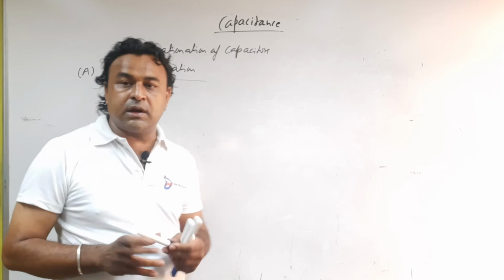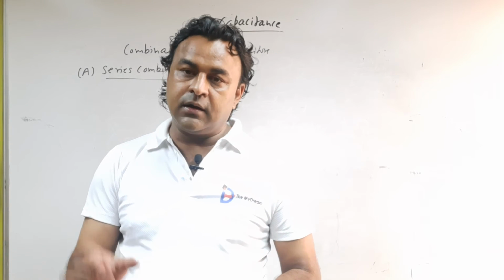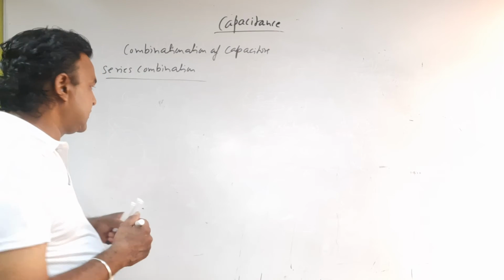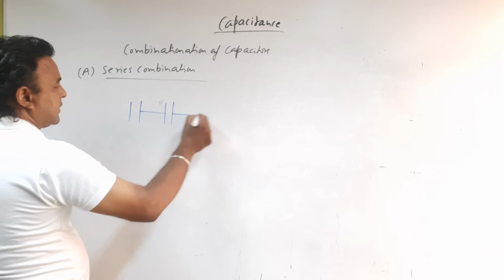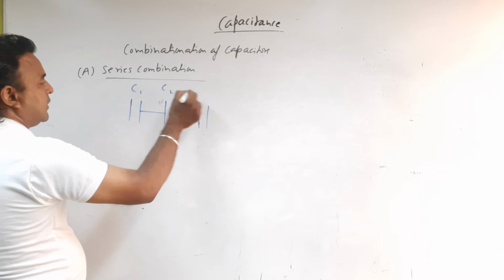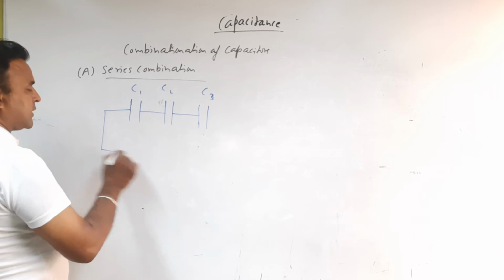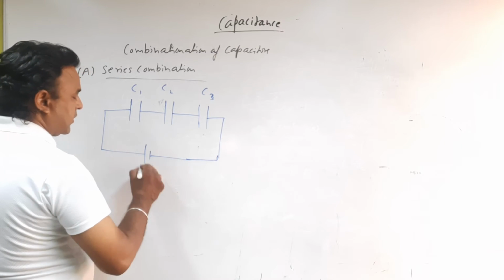I told you that whenever we are talking about capacitors, we will always be drawing parallel lines. Say this is one capacitor, this is another, and this is a third. We generally take three capacitors, C1, C2, C3. We connect them through a battery of voltage V.